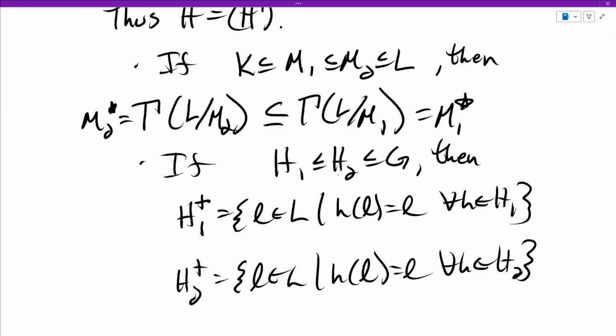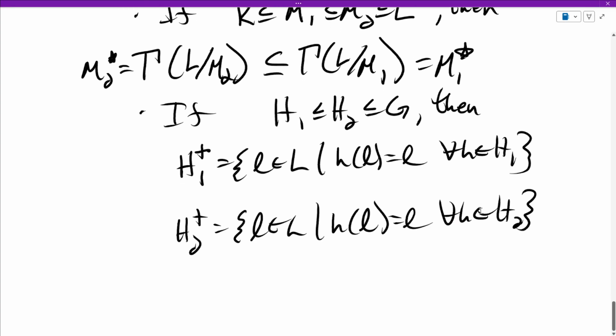H2 has more elements in it than H1, so there are more requirements to be fixed by all of them. So this H2 dagger is smaller than H1 dagger, because I have to be fixed by more elements, not fewer. So H2 dagger is a subfield of H1 dagger. The inclusion got reversed.